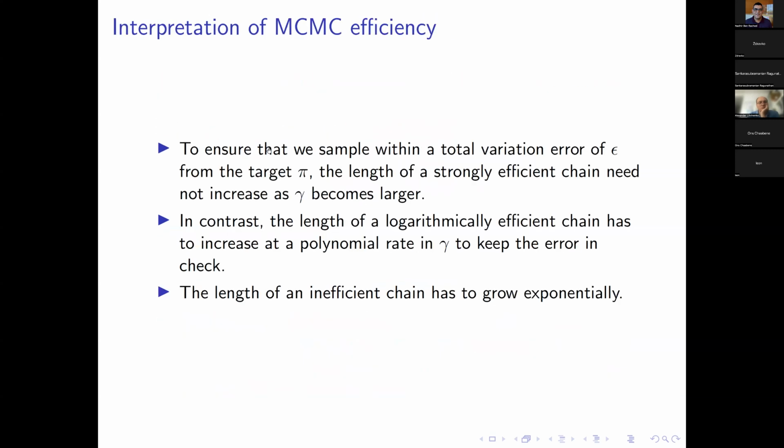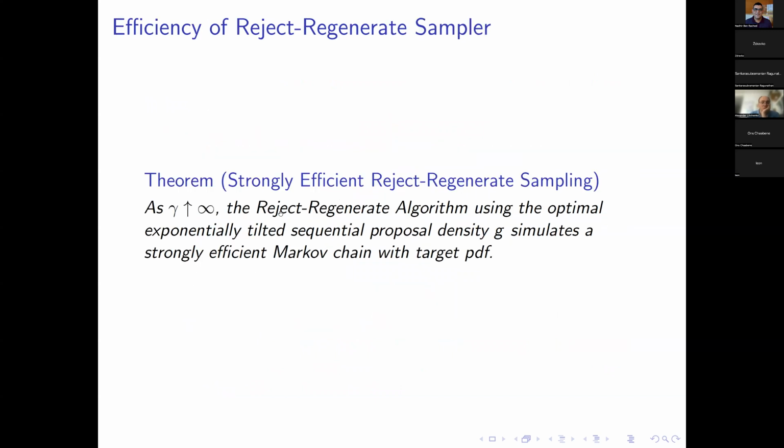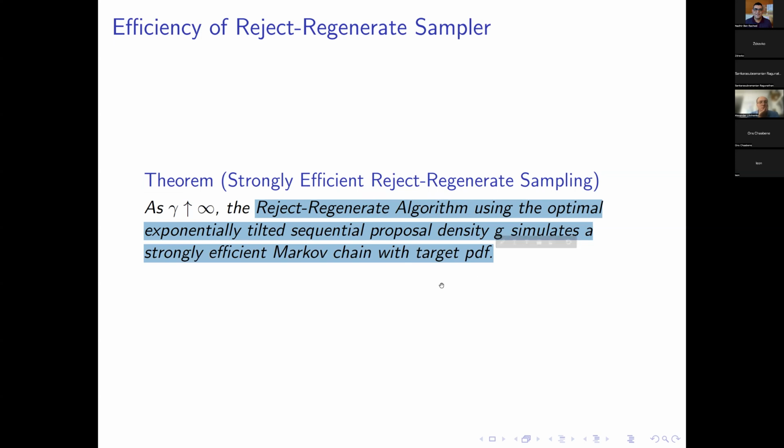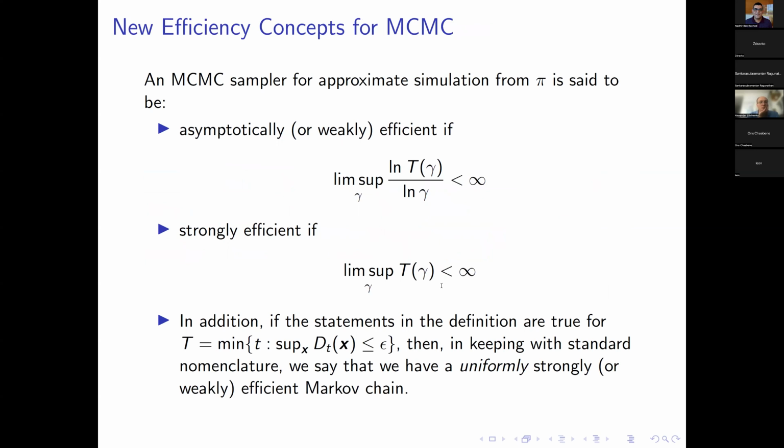So anyway, I think I described this. The result is that for the multivariate student distribution, when we simulate conditional on a rare event, our reject regenerate algorithm using our importance sampling density G as a proposal simulates a strongly efficient Markov chain. I may not be able to deliver perfect draws always, though in many cases I can, as there's no a priori guarantee.